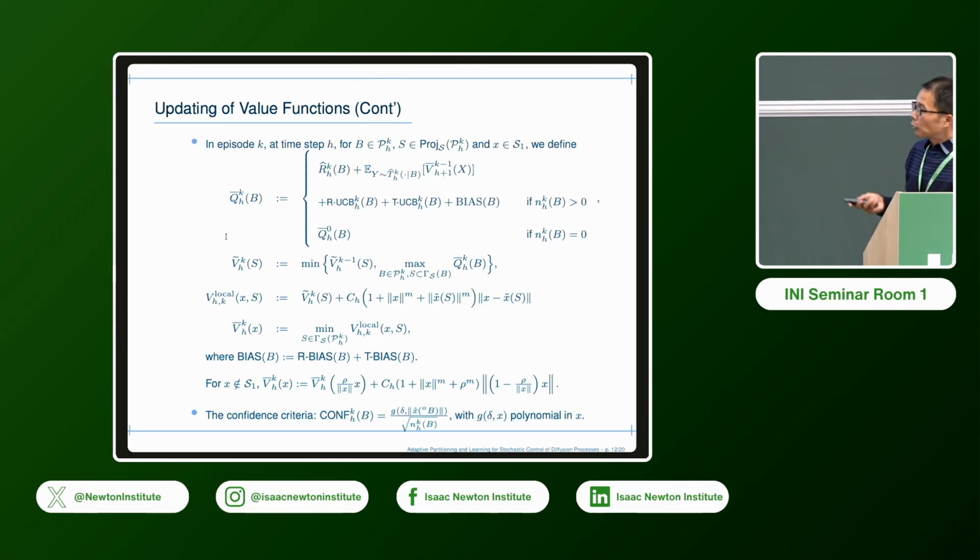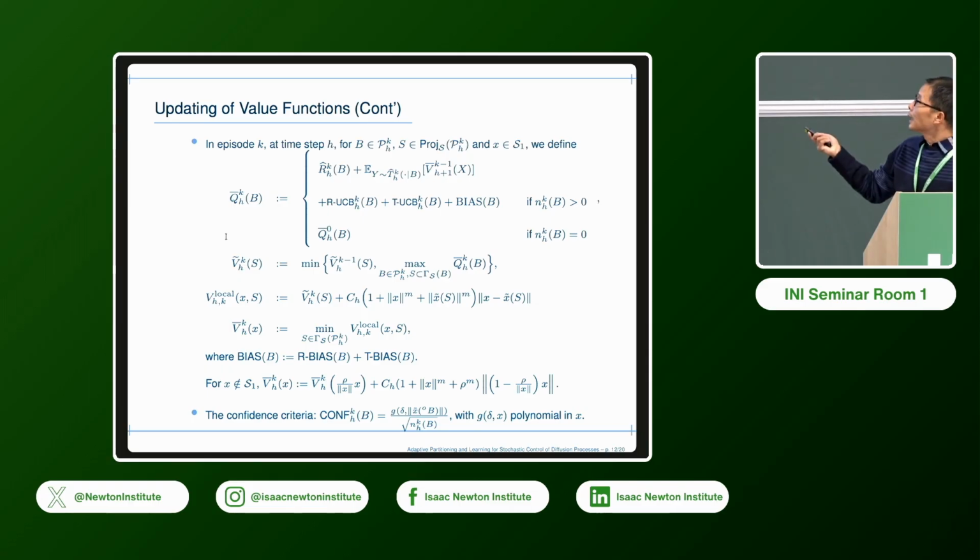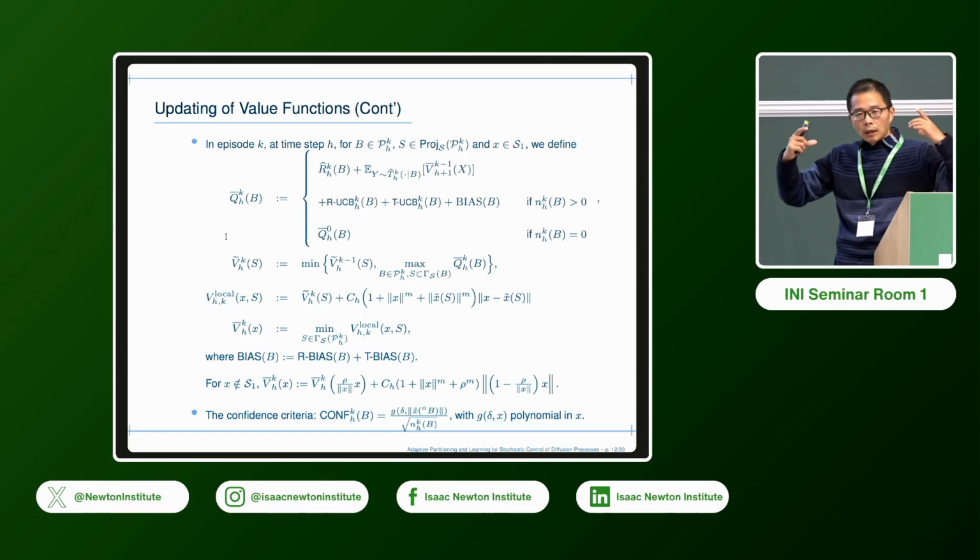Now the confidence criteria for the splitting can be used to balance these two terms of the error. The first is in the order of visitation count to the minus half, and this bias term is something like a linear term of the diameter of the block.